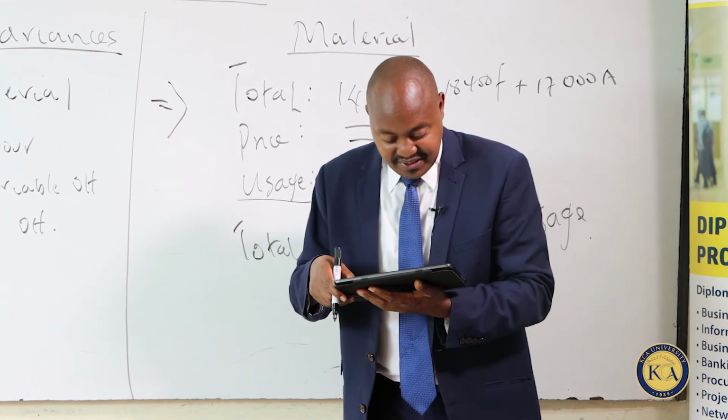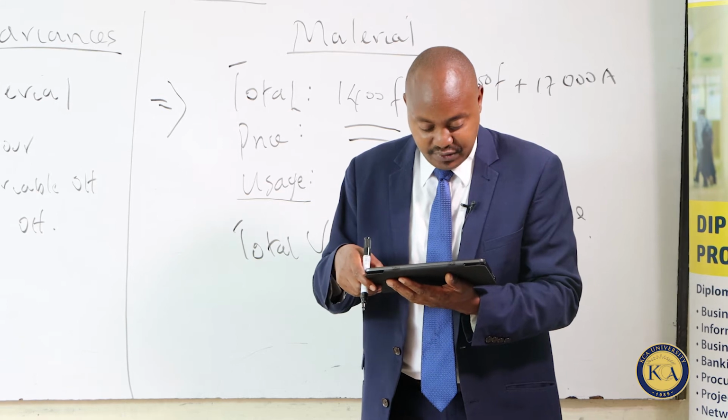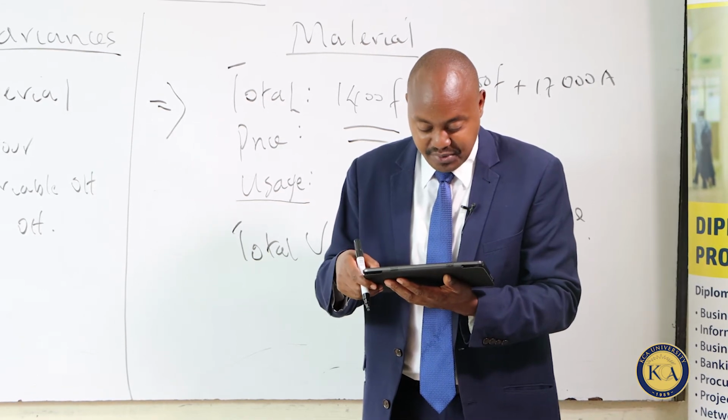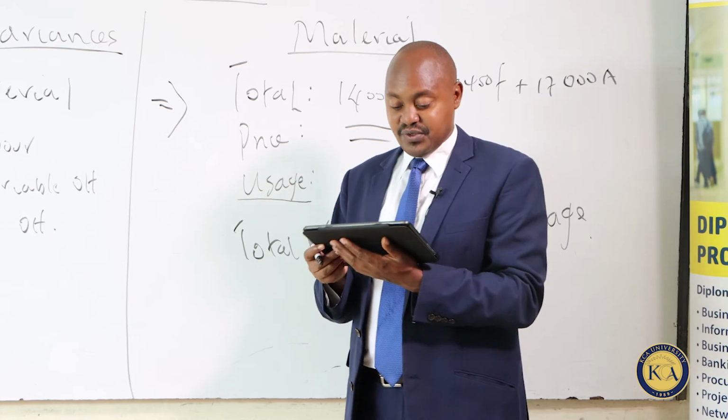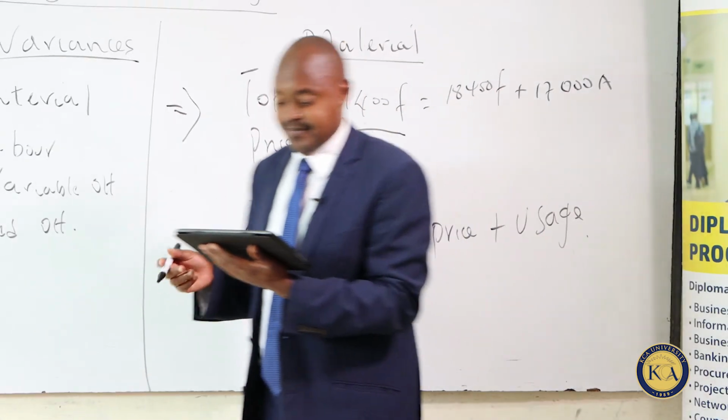So we have a practice question here, which I want us to go through and compute the labor variances. And I want to read the question as you can see it.